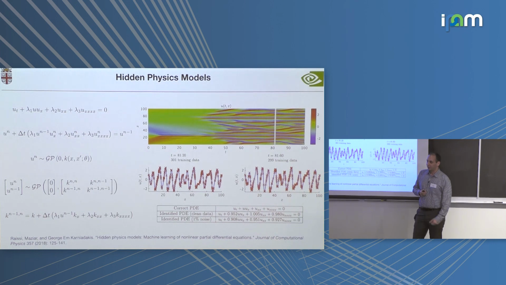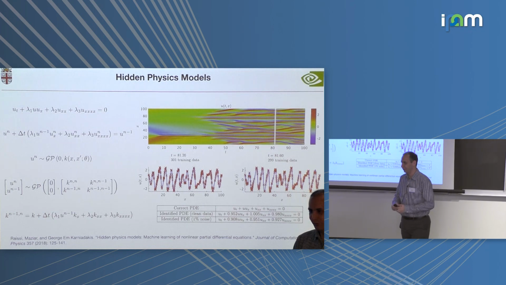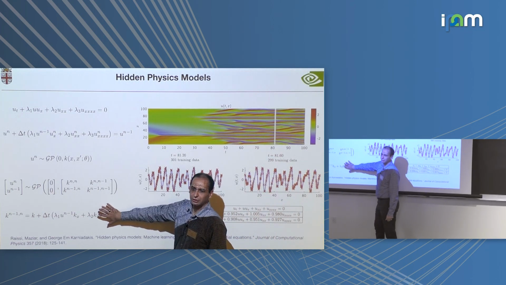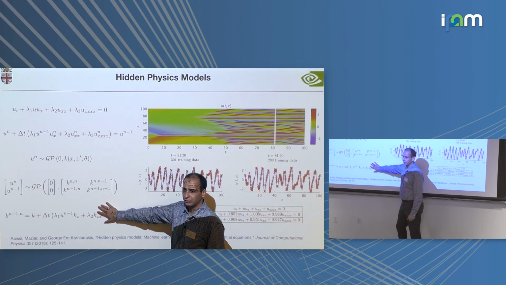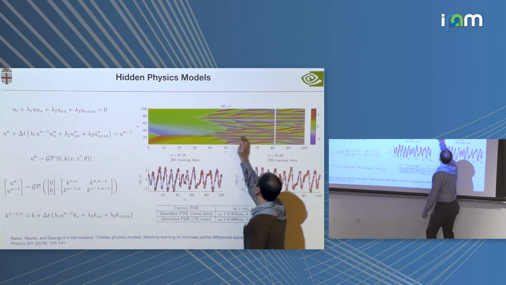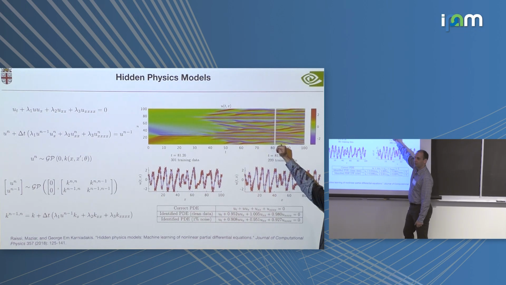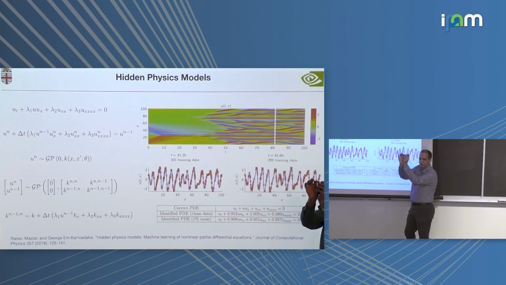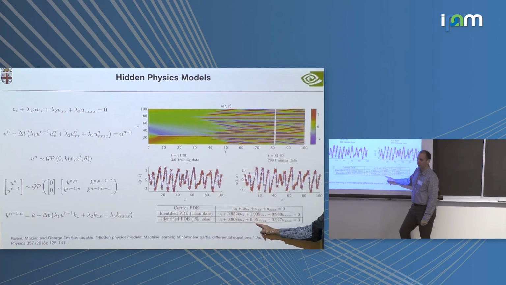And it's very data efficient for two reasons. One is that Gaussian processes are data efficient. We have nothing to do with it. The other one is, this is a physics-informed prior. We are putting a lot of structure on this prior. That's why, given the chaotic dynamics of the Kuramoto-Sivashinsky equation, we can use only two snapshots in time that are delta t apart and find out what are the parameters, even in the presence of noise.